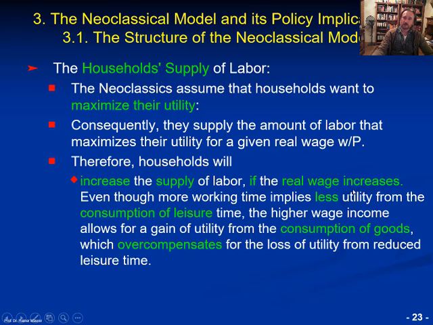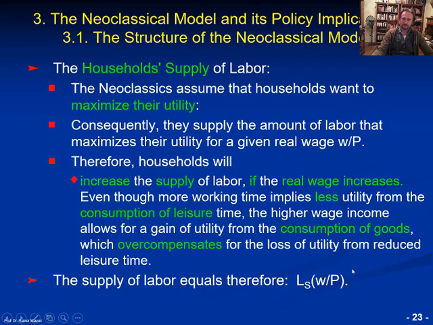Therefore, households will increase the supply of labor if the real wage increases. Even though more working time implies less utility from the consumption of leisure time, the higher wage income allows for a gain of utility from the consumption of more goods, which overcompensates the loss of utility from a reduced leisure time.